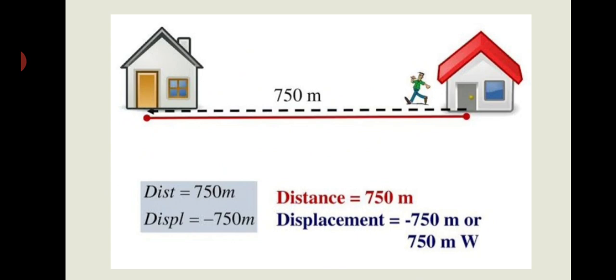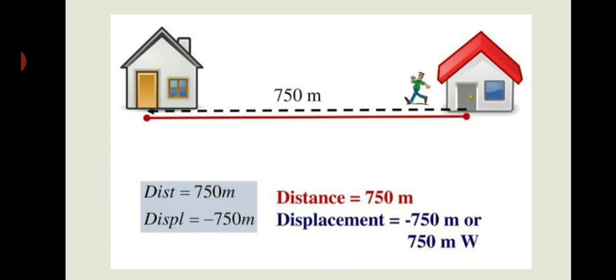Now we consider calculating distance and displacement for a few examples. A person travels from his house to his friend's house. He covers a distance of 750 meter. Therefore, the actual distance travelled is 750 meter.